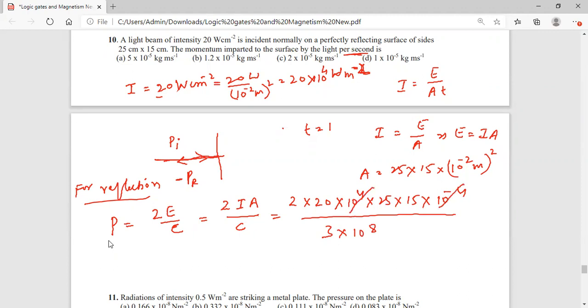Next, 25 twos are 50, 50 twos are 100, so it's 1000.